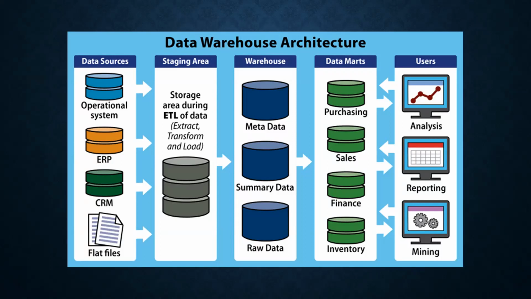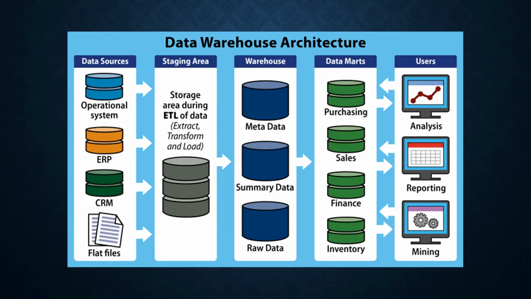What actually is a data mart? A data mart is a small unit of a data warehouse where similar kind of information is stored. The data can be stored either in the data marts or in the data warehouse.